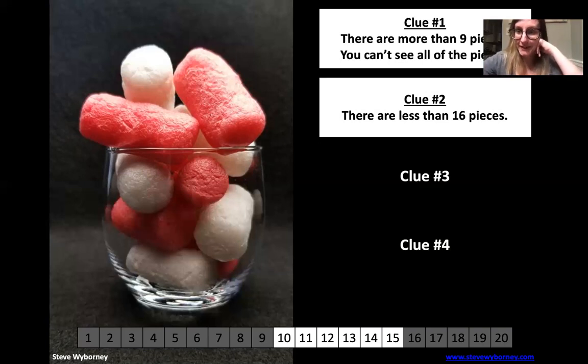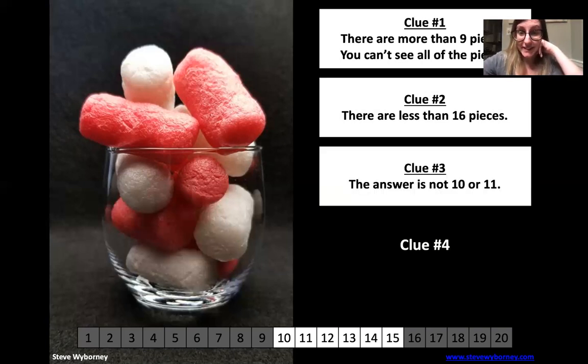Okay, ready for the next clue? The answer is not 10 or 11. So if your estimate was 10 or 11, make a change. How many foam pieces do you think are in that cup? 12, 13, 14, or 15?